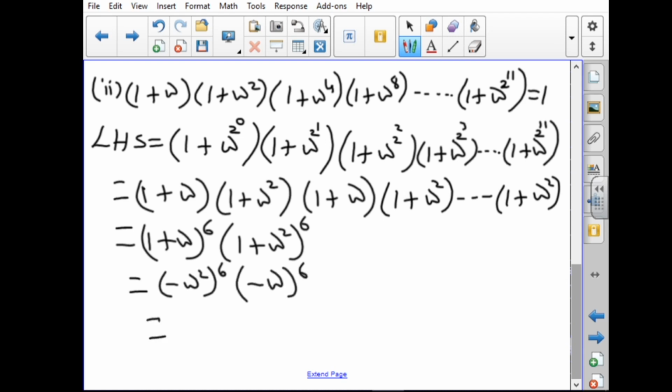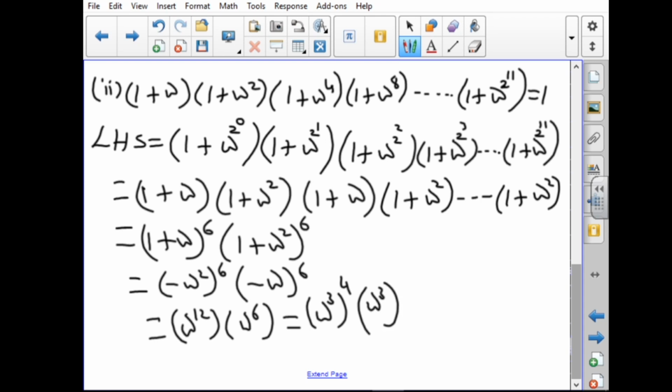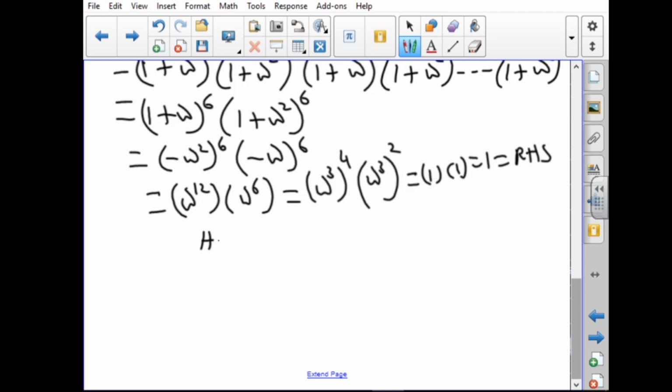So it is equal to omega power 12 into omega power 6. Omega power 12 is omega cube power 4, and omega power 6 is omega cube square, which is equal to 1 into 1, which is equal to 1. So this gives you the right hand side. Hence we have proved this result.